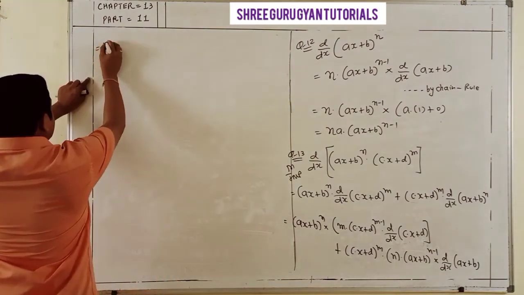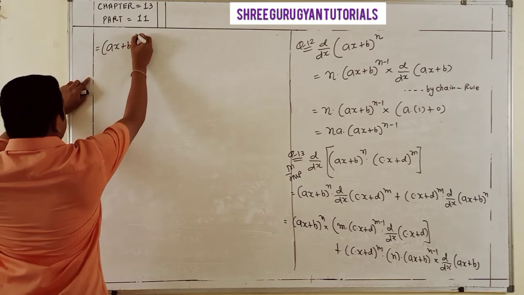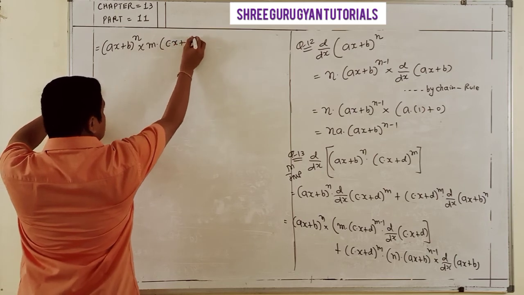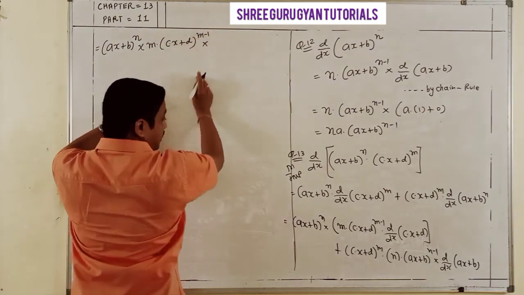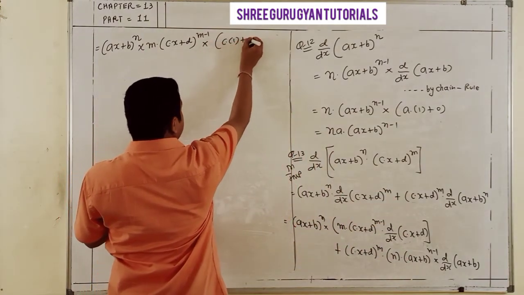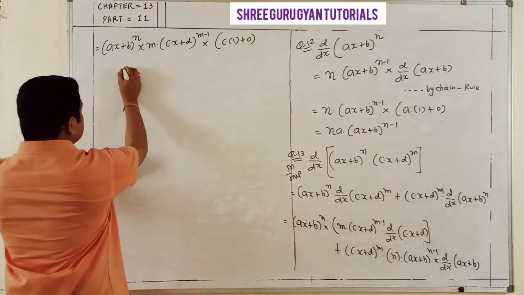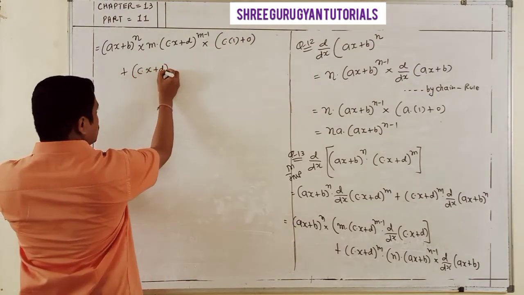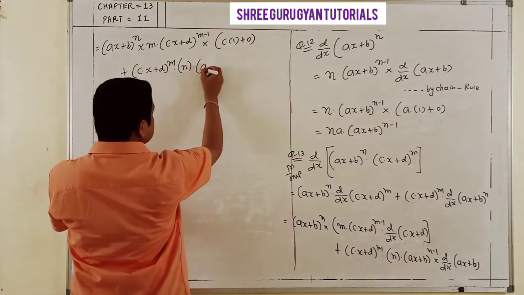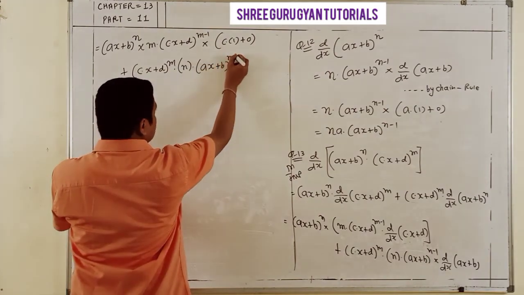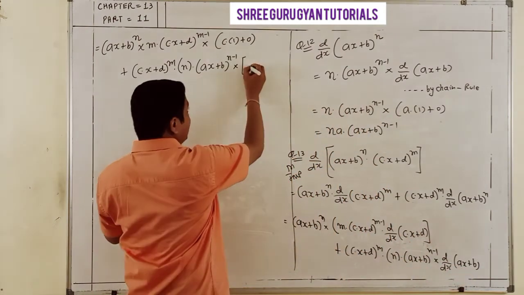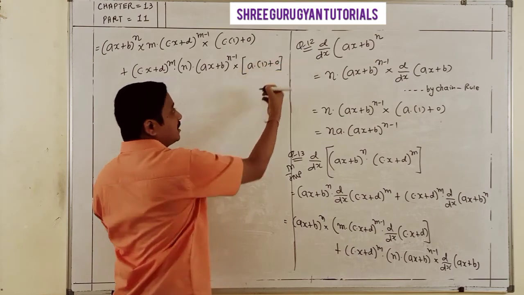So (ax + b) raised to n, and that will be m (cx + d) raised to m minus 1, and here take the derivative d/dx of cx: derivative of cx is c, but derivative of d is 0, plus (cx + d) raised to m times n, and another same (ax + b) raised to n minus 1, and now students, here the derivative of ax + b is a, since the derivative of ax is a and of b is 0.